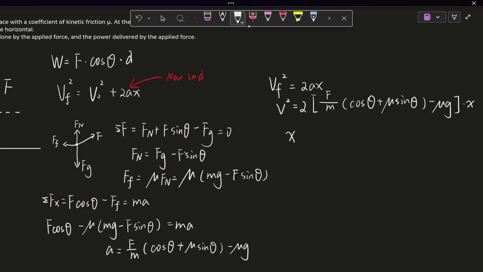x is equal to v squared over 2 F over m, cosine theta plus mu sine theta minus mu g.